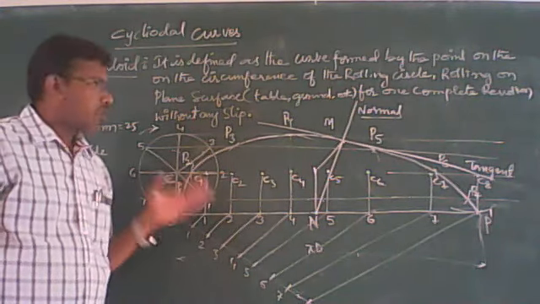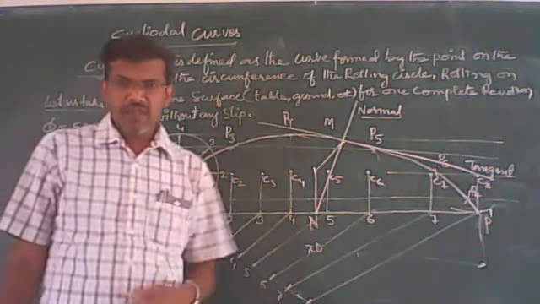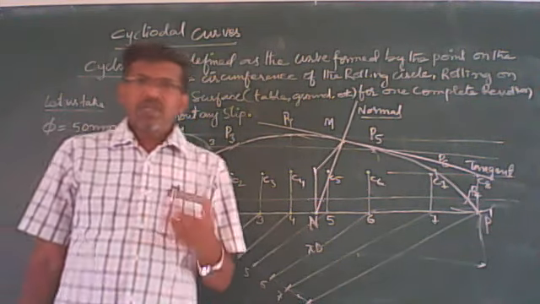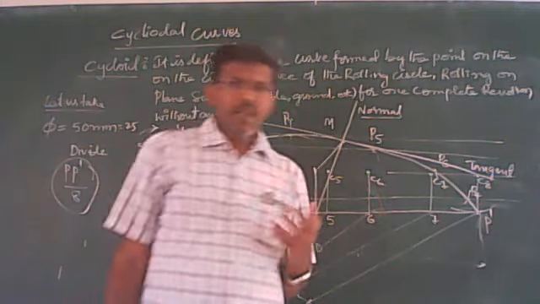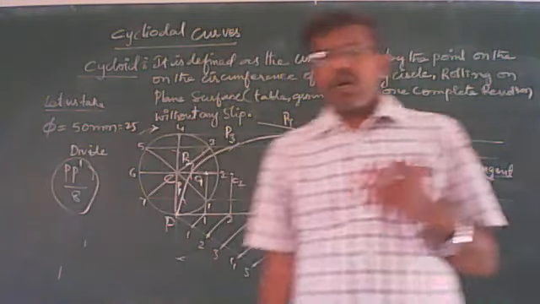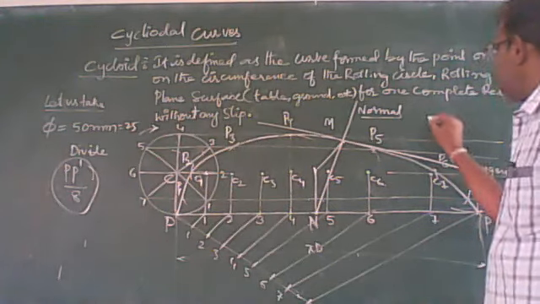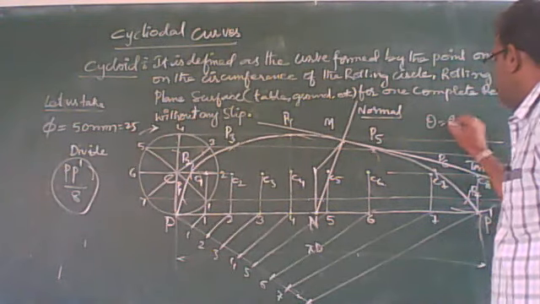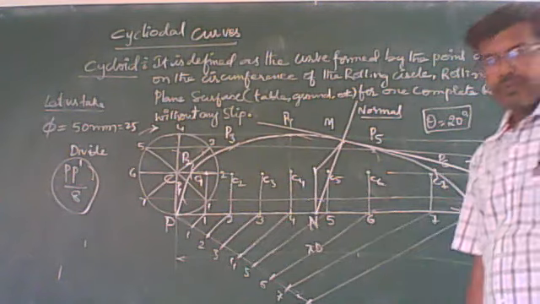Okay. Suppose in this case of cycloids, now this is a plane surface. In some problems, the surface of the plane is inclined to 20 degrees or 30 degrees, they may give. Suppose the inclination theta is given as 20 degrees, then what will you do?